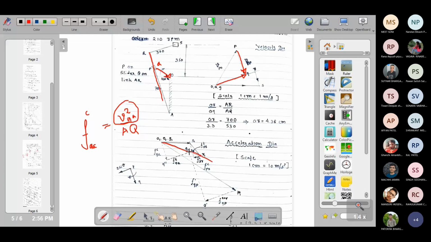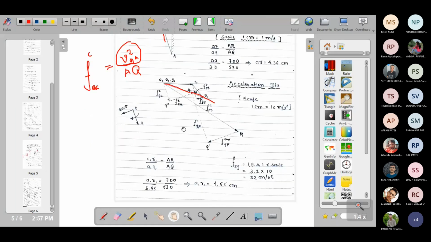On the configuration diagram you can see it is A, Q and R, so the same sequence I have to follow, and extend this line. But where exactly will it come? To find that I have to use this ratio, as I did in the velocity diagram. Yes or no?